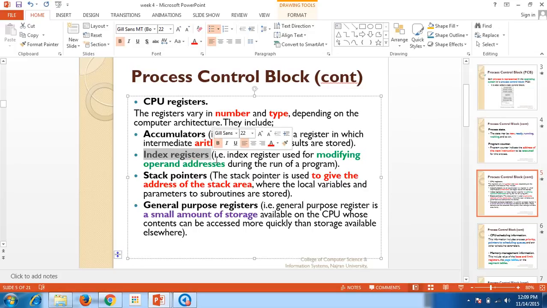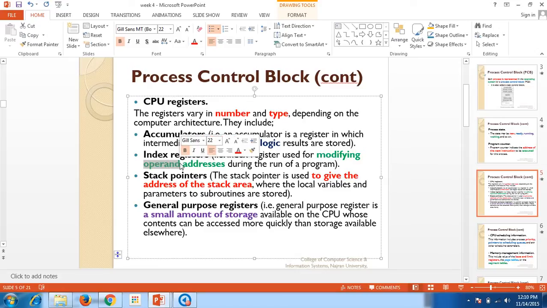The next type of registers are index registers. The index registers are used for modifying the operand address during the runtime of a program. In any expression we have 2 very important things: operands and operators.